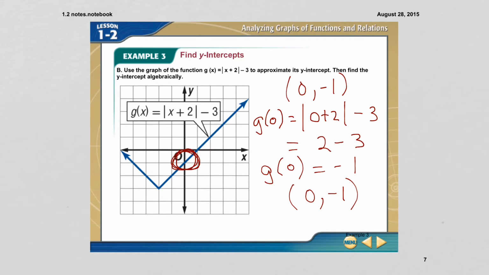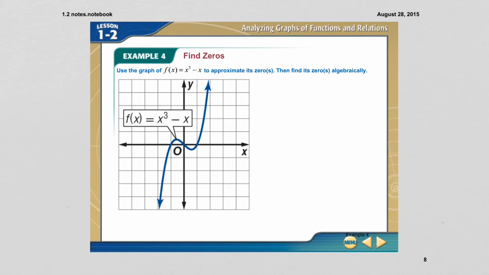So now we're able to do the y-intercepts again graphically or algebraically. Okay, now we're going to find zeros, or where our graph crosses the x-axis. Well, we can again do it graphically if we have a graph and we see we have a point here, a point here, and a point here.